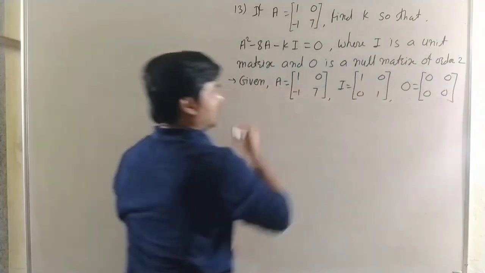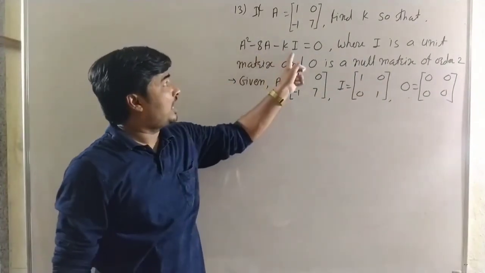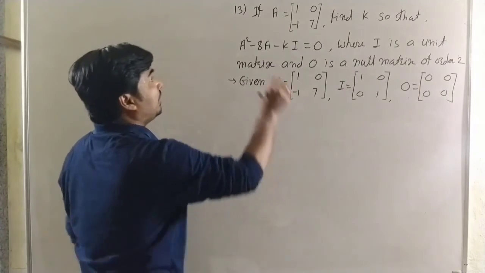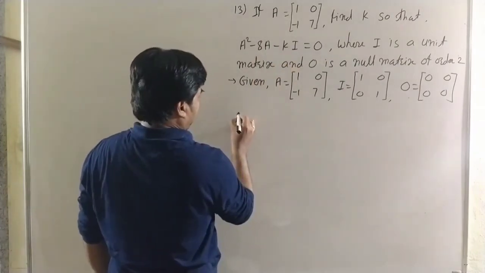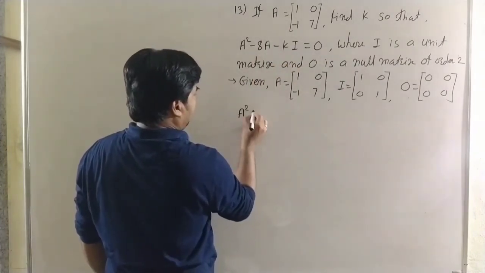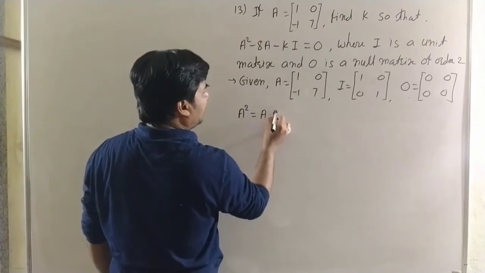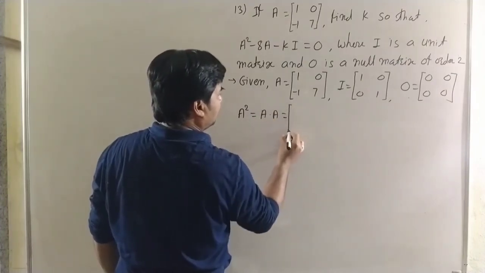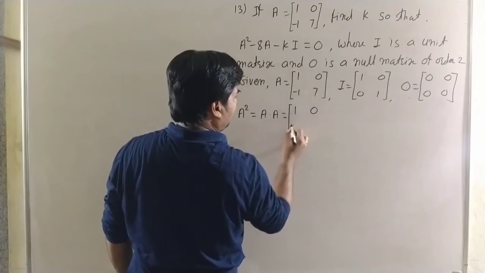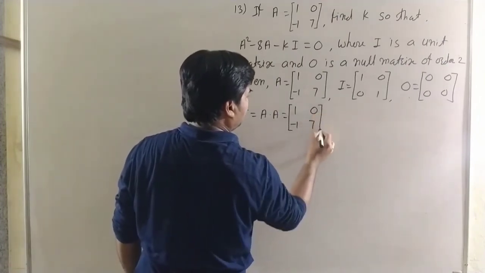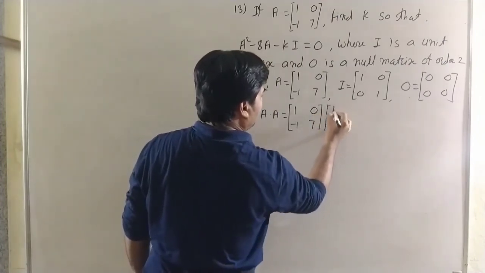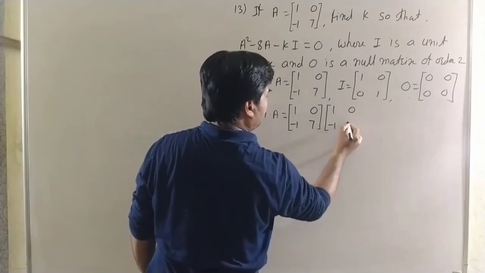Okay, these matrices are the given A, I and 0. Now first we find the A square. A square is A into A, [1 0; -1 7] into [1 0; -1 7].